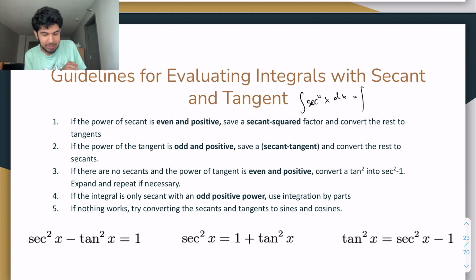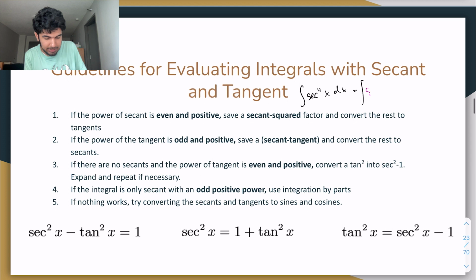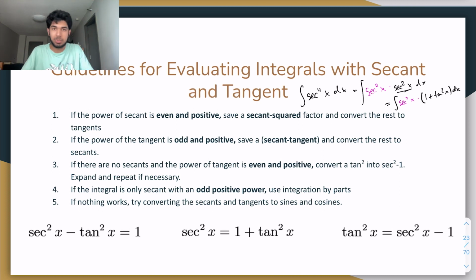So we'll convert this into the integral of secant squared of x times secant squared of x dx, and then we'll convert the rest into tangents. So this will be the integral of secant squared of x times 1 plus tangent squared of x dx, and then integrate from there. So similar thing with sines and cosines, just now we're saving a secant squared term instead.